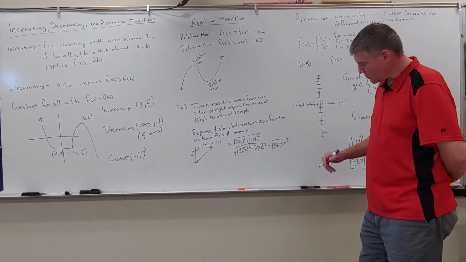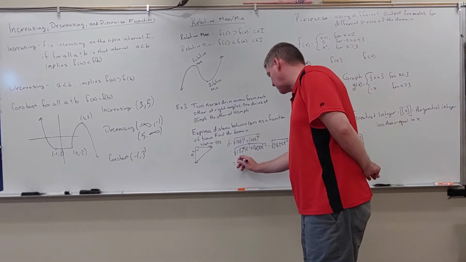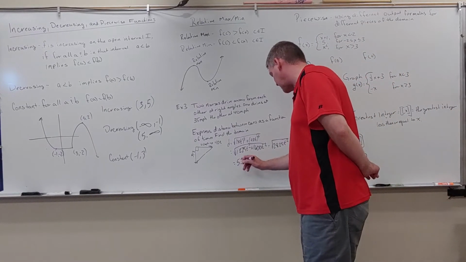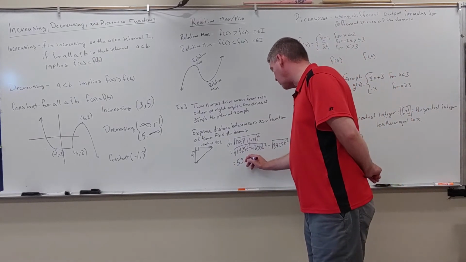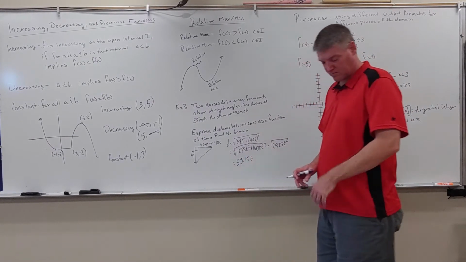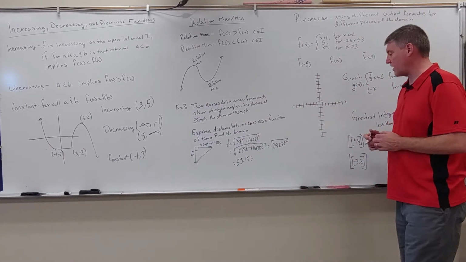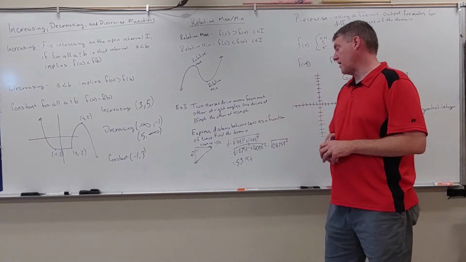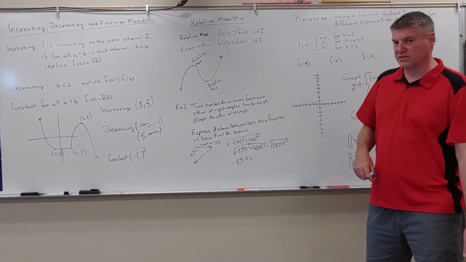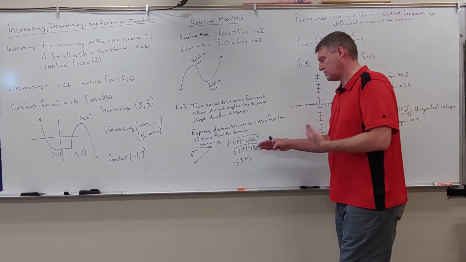And if I were to take the square root, I'd have 53.15 t. Okay? And you may see it as the absolute value of t. So there's my information there. Now, what values of t can I plug in there? Well, what makes sense here?